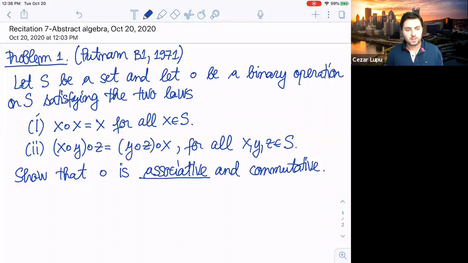If you look at the second law, it's almost like associativity. If we swap those two, x and y, z, it would be associativity. So that's what you have to do.